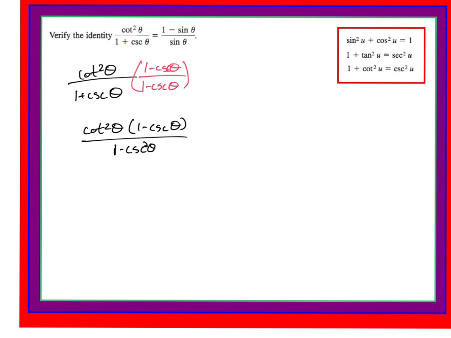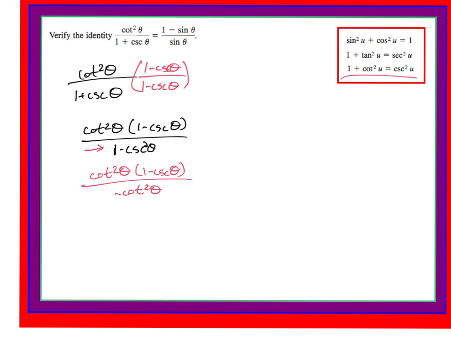All right. Now what are we going to do? What does 1 minus cosecant squared go to? This can be replaced by negative cotangent squared. So now I have cotangent squared times 1 minus cosecant over a negative cotangent squared theta.